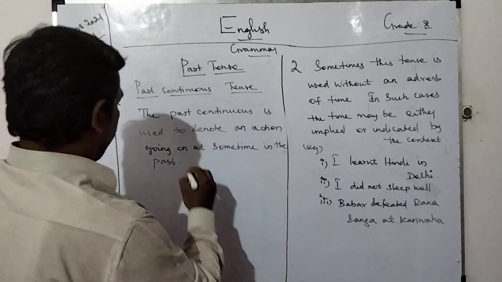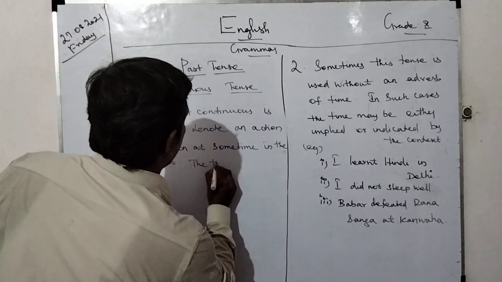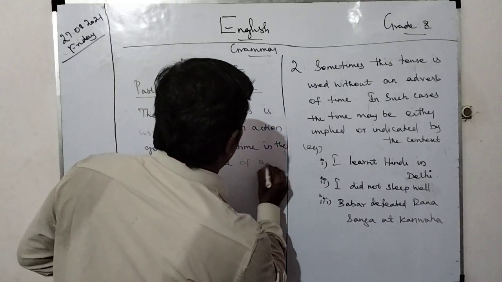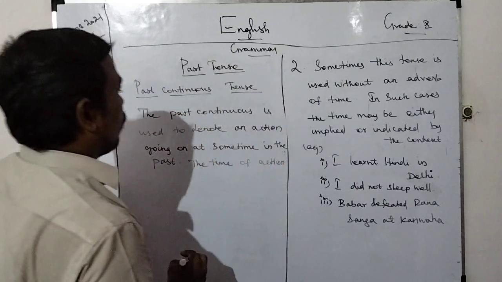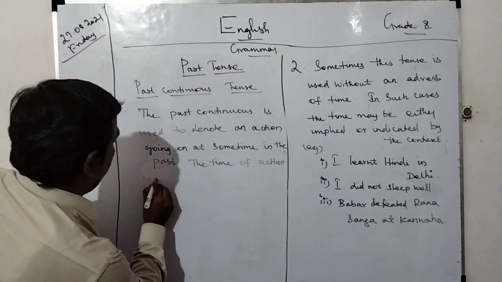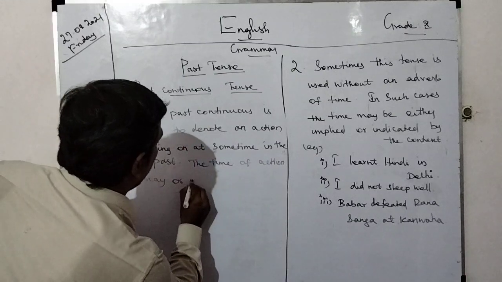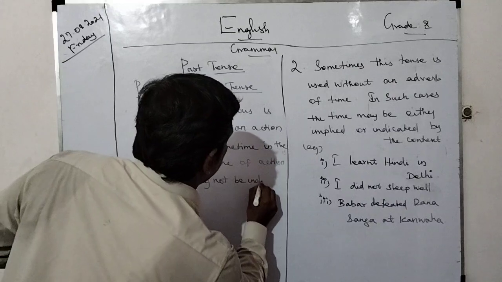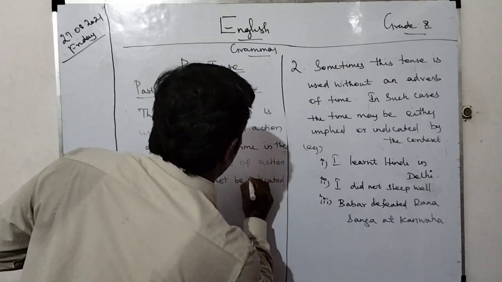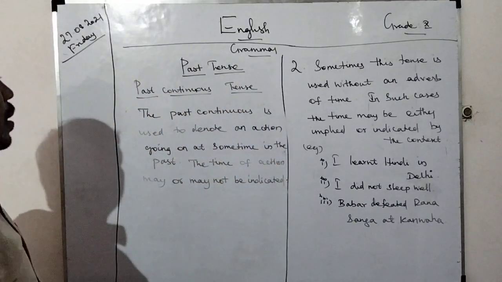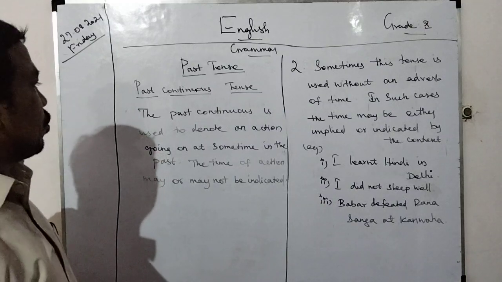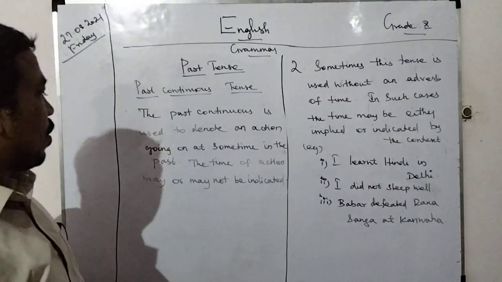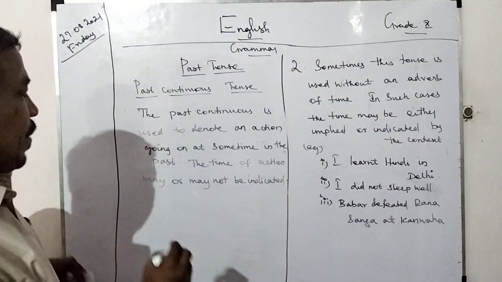The time of action may or may not be indicated. Listen students, the past continuous tense is used to denote an action going on at some time in the past. The time of action may or may not be indicated.